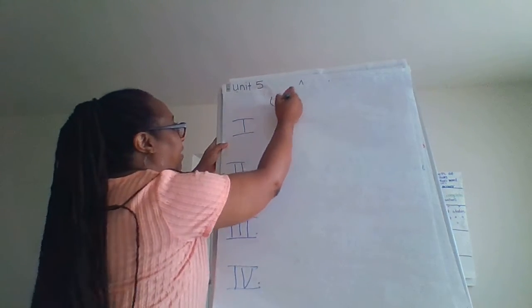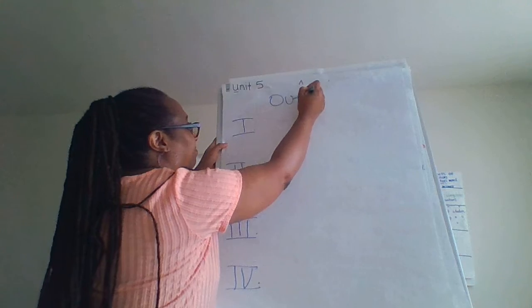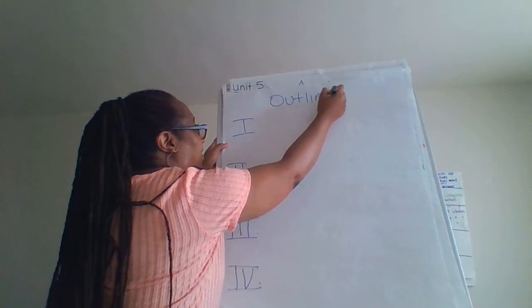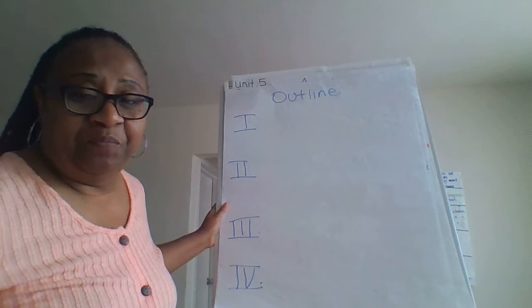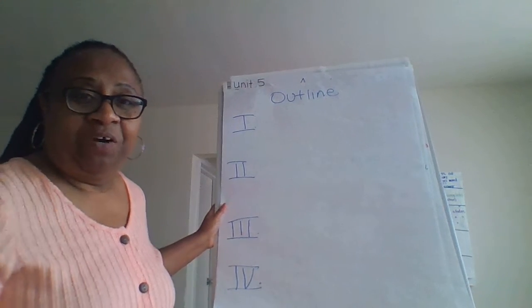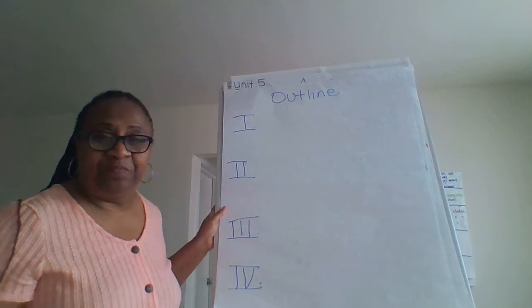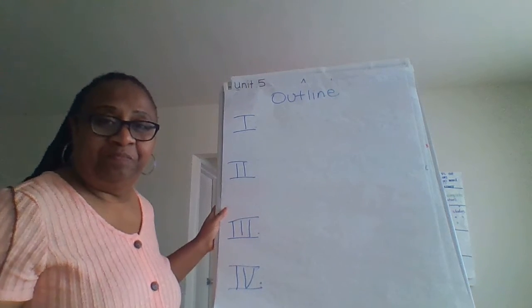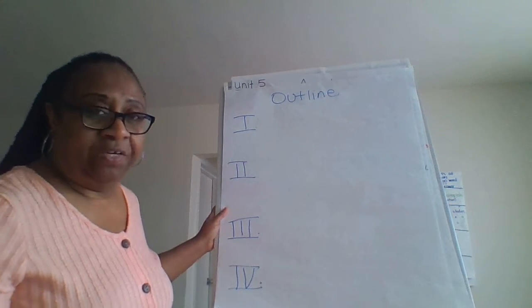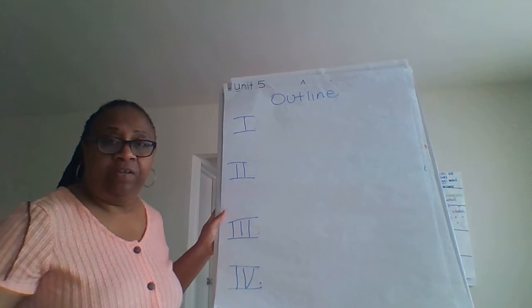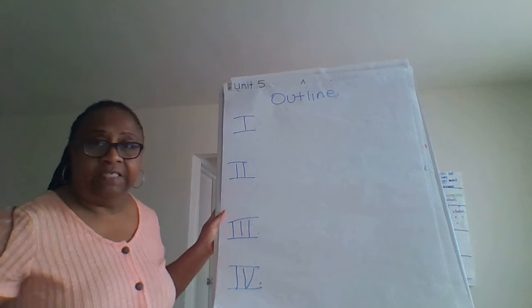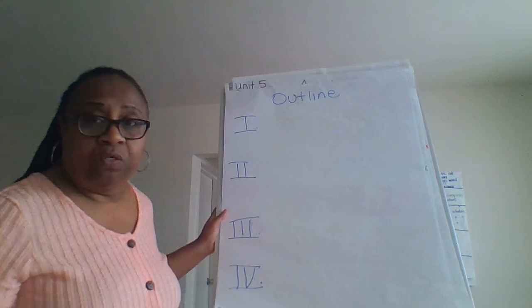Let's go up here and write outline. Now, why do we use this outline? Who can tell me? How about Chloe? Why do we use this outline when we're writing? Absolutely, Chloe. We're using the outline to organize our information and to set up how we're going to write it.